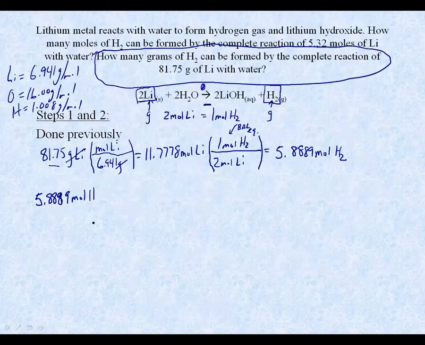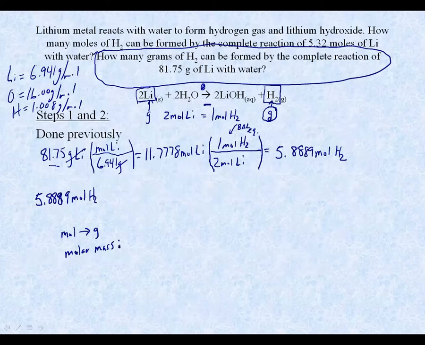Okay. So in this case, also different than the first one, the last unit that we're looking for is grams. So we do have to do that last conversion, and we're now going to go from moles to grams. Again, it's the molar mass that's going to allow us to do that.